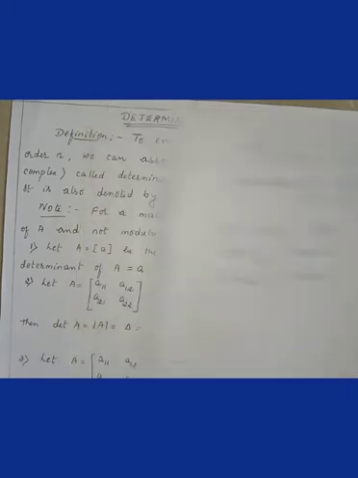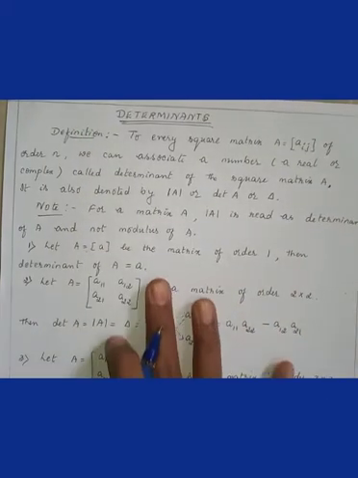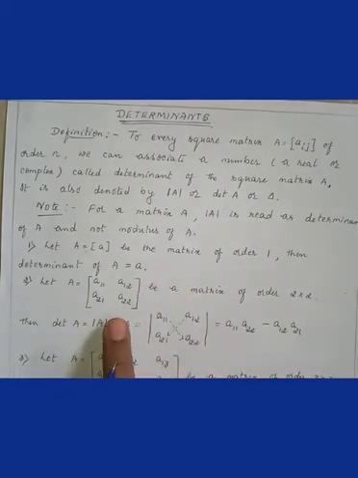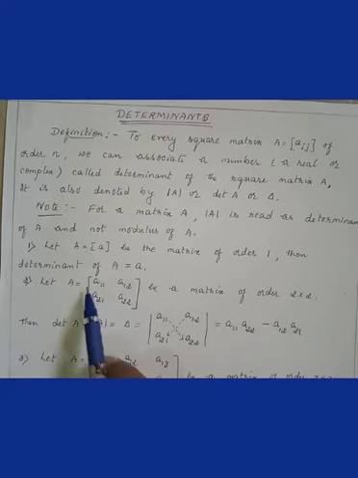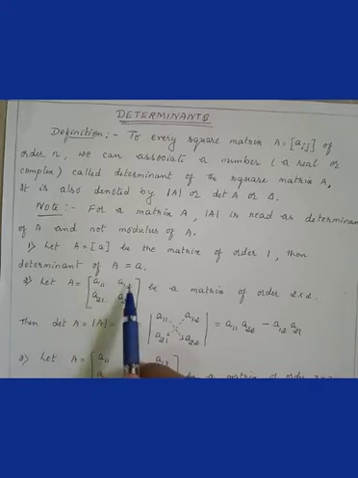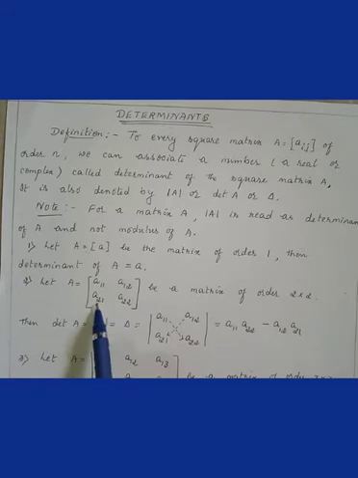Next, consider a 2 by 2 matrix. Suppose A is a 2 by 2 square matrix, then we write A is equal to a11, a12, a21 and a22.